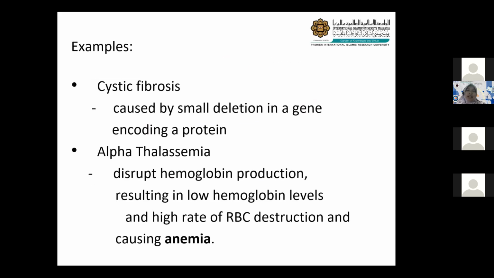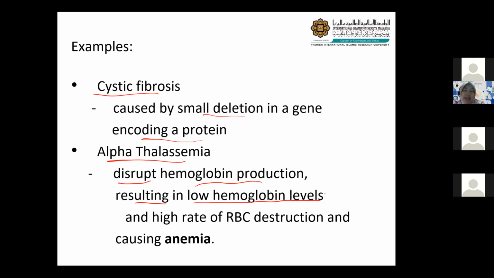Example, cystic fibrosis. What is cystic fibrosis? Cystic fibrosis happens due to a small deletion in a gene encoding a protein. Second example is alpha thalassemia. Alpha thalassemia is disruption of hemoglobin production resulting in low hemoglobin level.